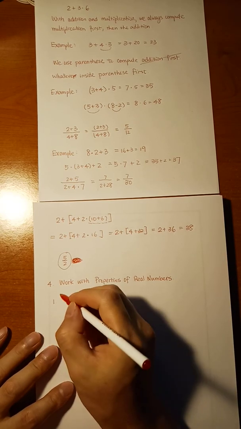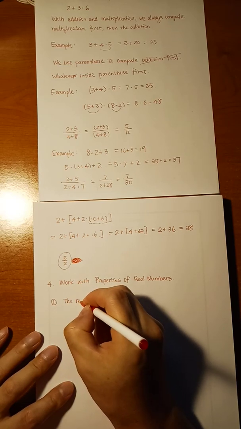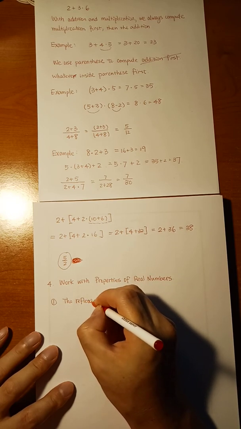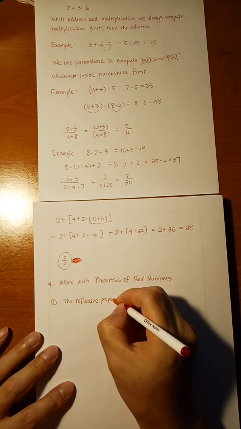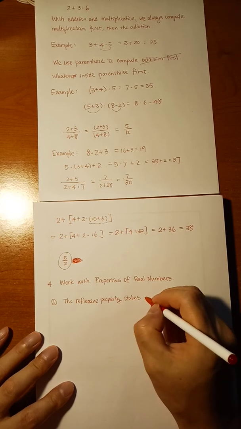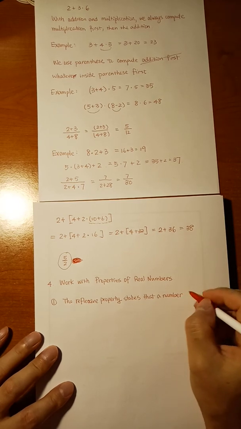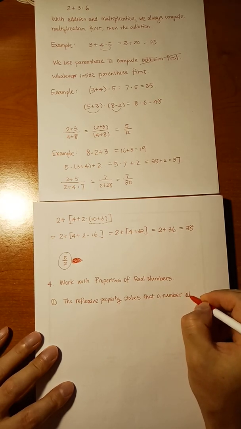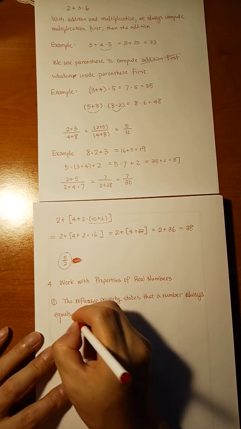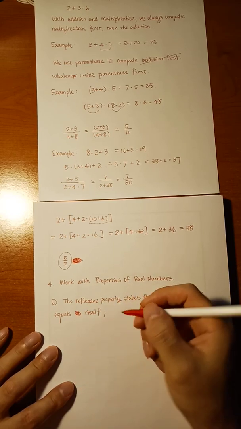The first property is called the reflexive property. The reflexive property states that a number always equals itself.